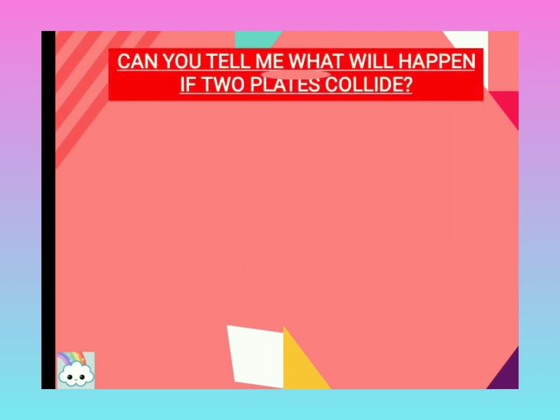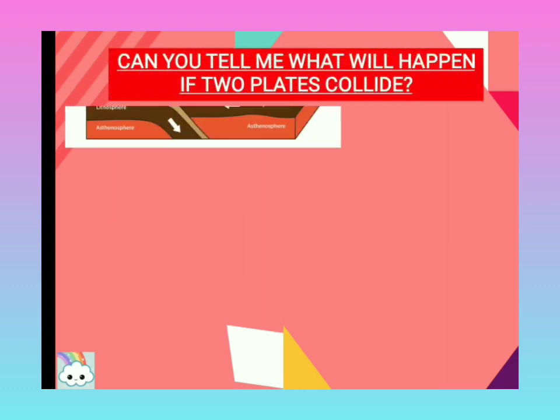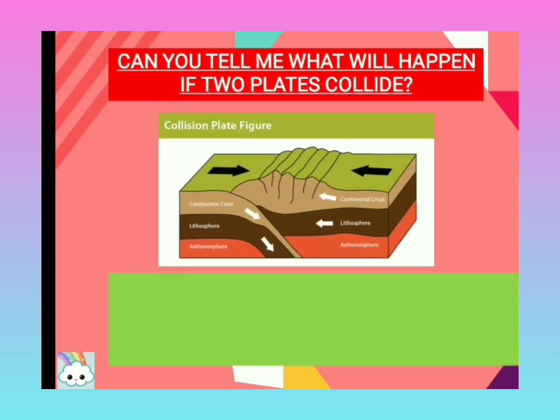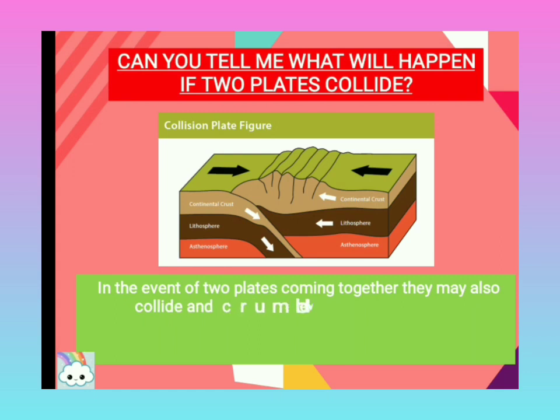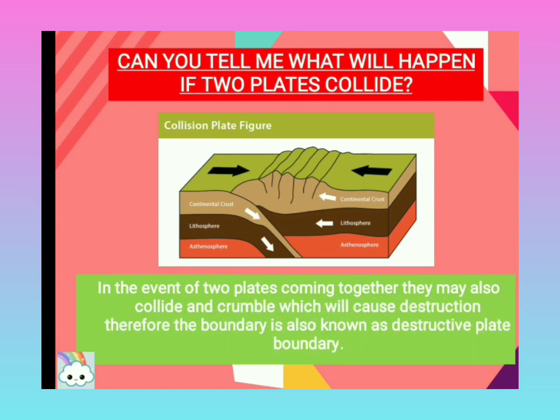What else can happen? In the event of plates coming together, they may also collide and crumble, which will cause destruction. Therefore, the boundary is also known as destructive plate boundary.